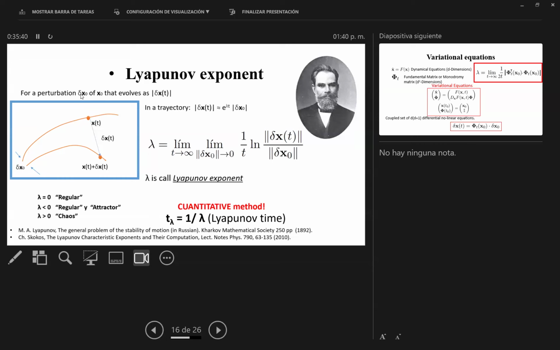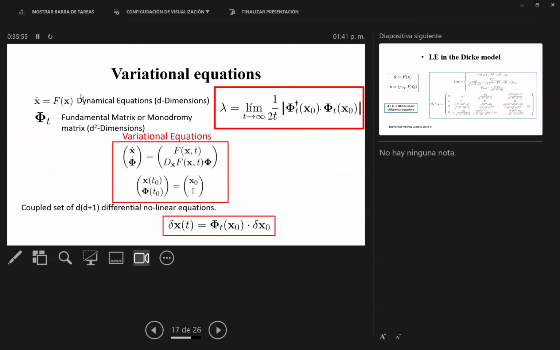It is a measure of time that says that in this regime your system is predictable. But after this time, you lose predictability.